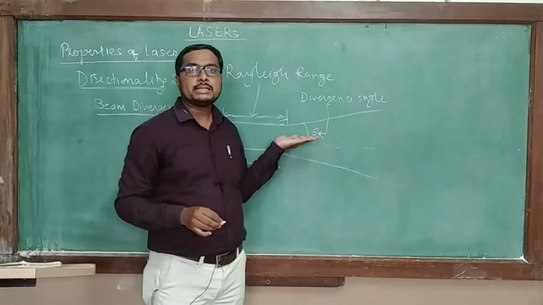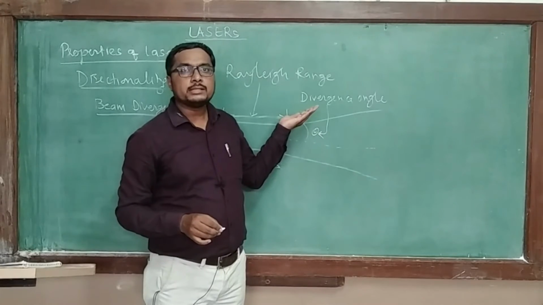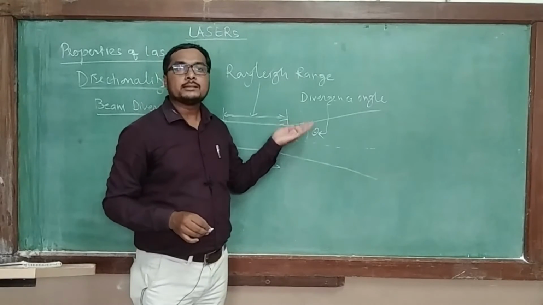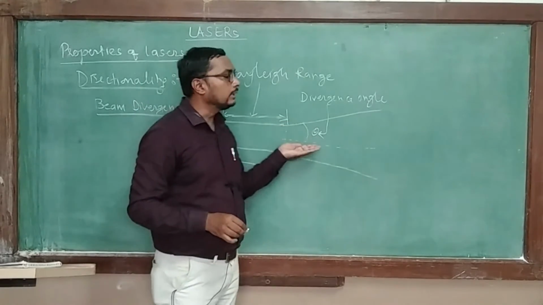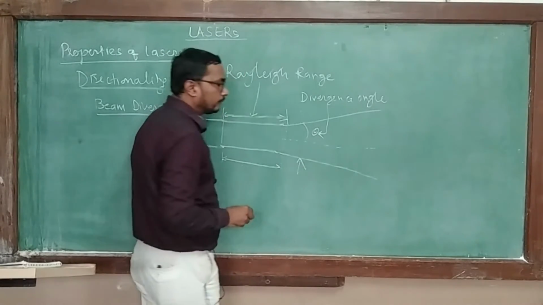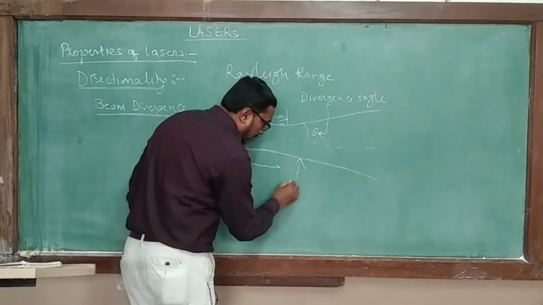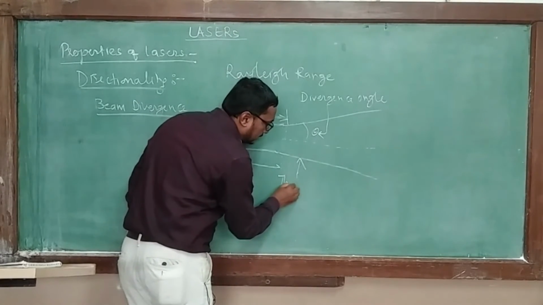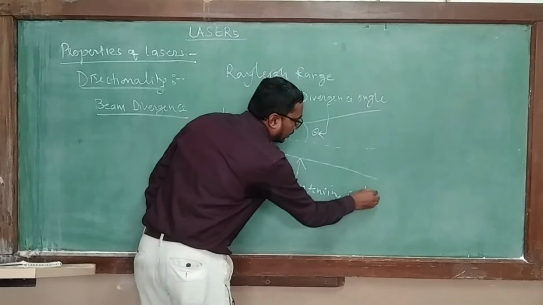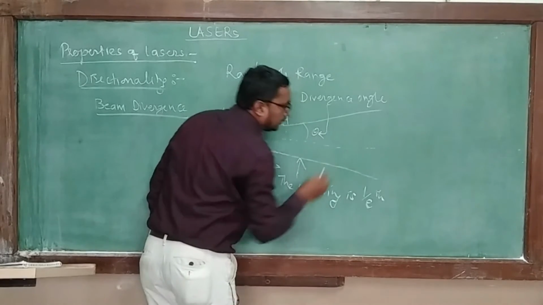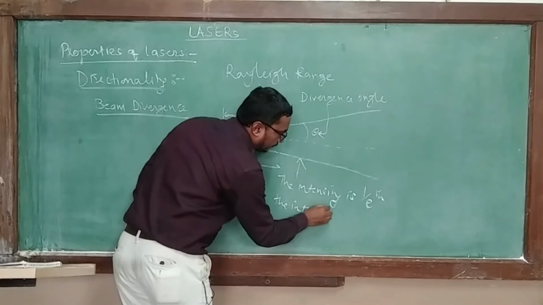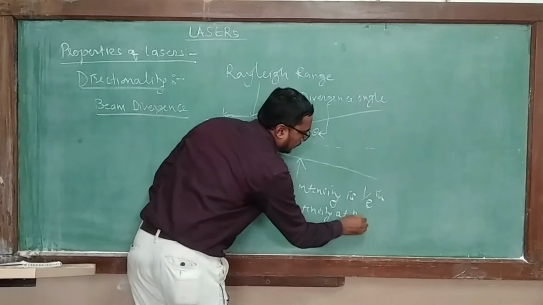The angle measured from the center of the laser beam to the edge of the laser beam is called the divergence angle, and that edge of the laser beam is also defined in terms of the intensity, right? So this is the edge of the laser beam. At the edge of the laser beam, the intensity is 1/e times the intensity at the center.